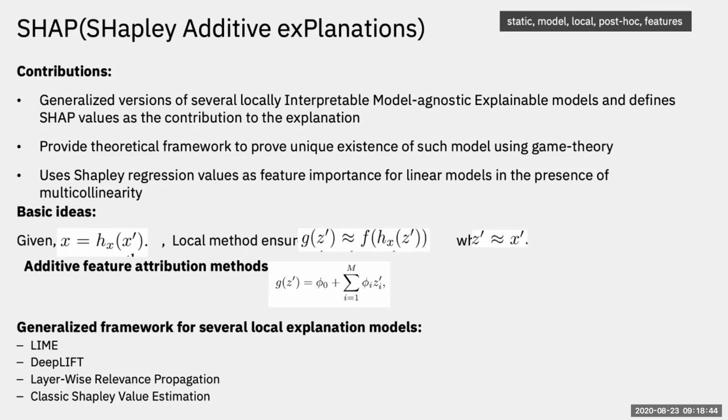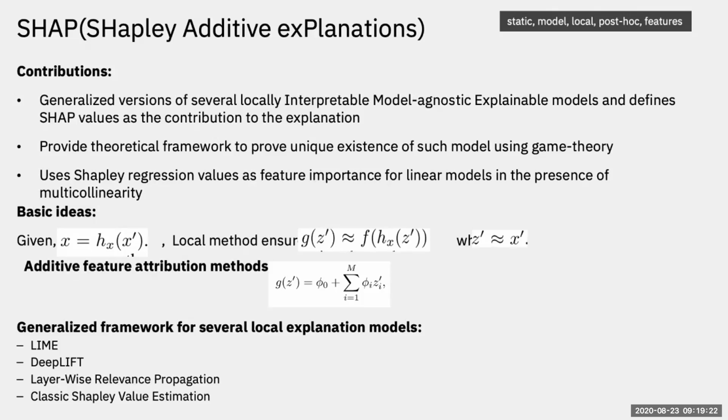So given that original function f and a local sample x prime, the goal of any local method, as it can be generalized here, is to learn a new function g of z prime. Here z prime is a local neighborhood of x prime. All it's trying to make sure is that the two functions are similar in the local neighborhood of x prime.